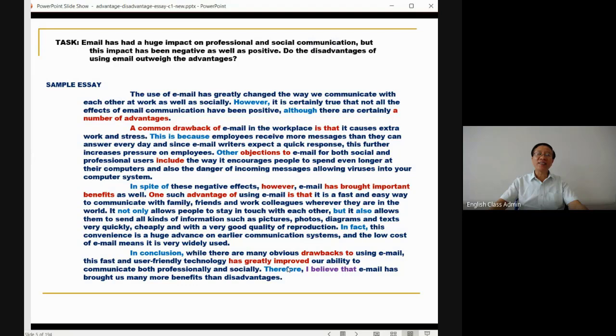What technique do you think is used in the concluding paragraph? Ethan, keep answering.